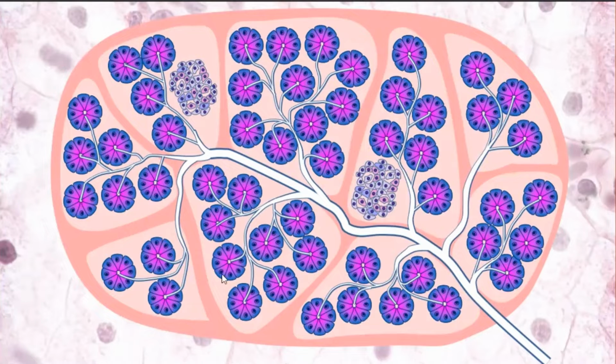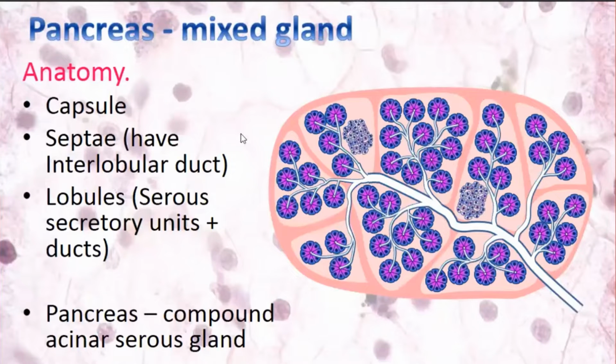So here we can see the common structure of the pancreas. It has the typical structure of an exocrine gland, but there are some features. There are inclusions of endocrine cells which form islets of Langerhans. So, according to anatomy and microanatomy, pancreas has a capsule, it has septa which contain interlobular ducts, and also there are lobules.